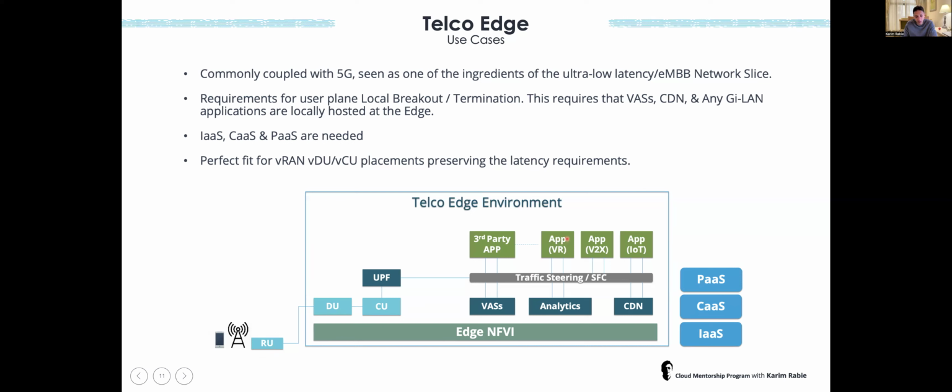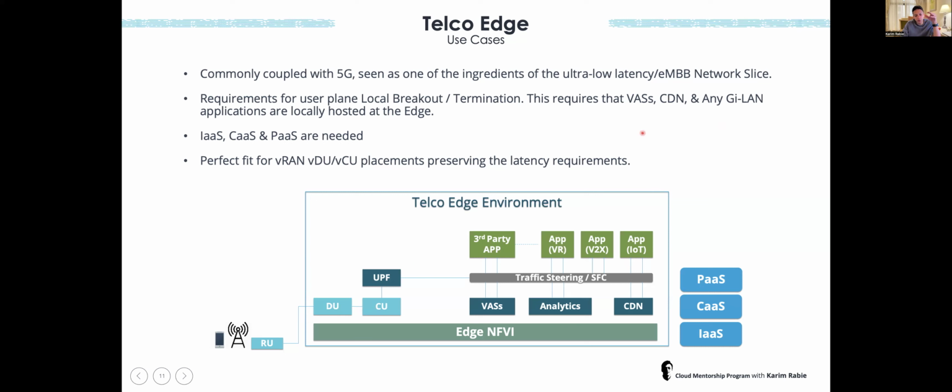And then the downlink is from the application, UPF, CU, DU, RU, and then the terminal. So this is the uplink to the service, downlink to the UE. As you saw, the service didn't exit the data center to other data centers. It was locally terminated on the edge data center.